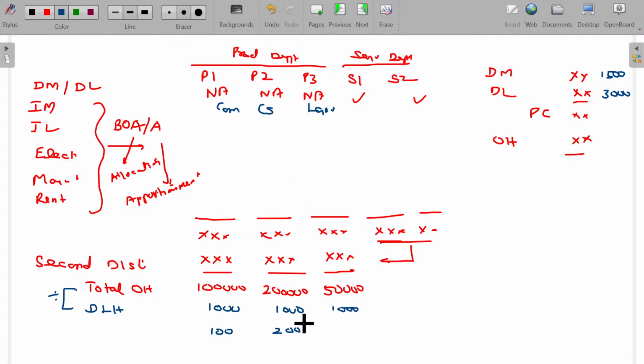P2 costs us 200, P3 costs us 50. These 100, 200 and 50 rupees are found out based on the labor hours worked by the department. This is called the overhead recovery rate, otherwise overhead per direct labor hour.